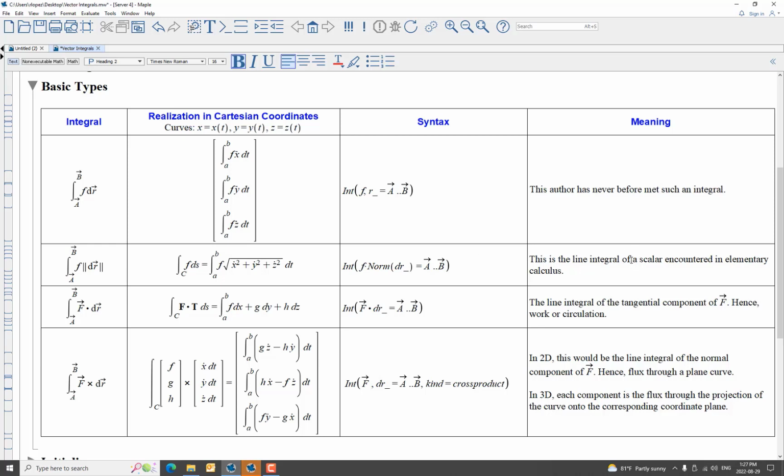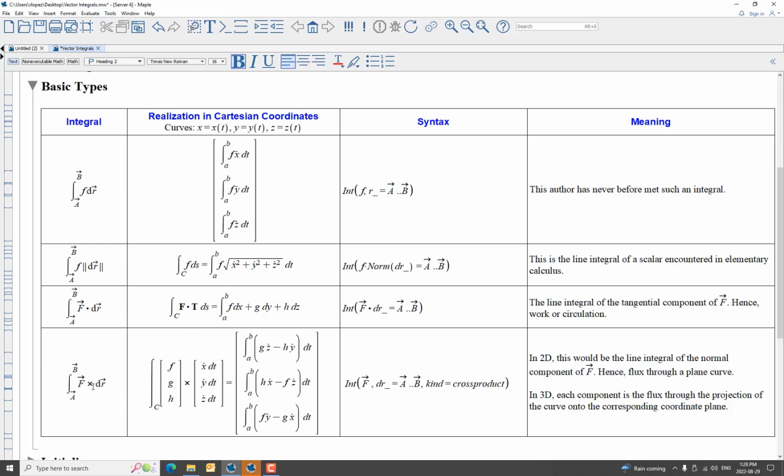This is what you even see in elementary calculus as a line integral with respect to arc length. Vector dot vector turns out to give you the tangential component of f along the curve, so this is work or circulation. This I understand, this I've seen.